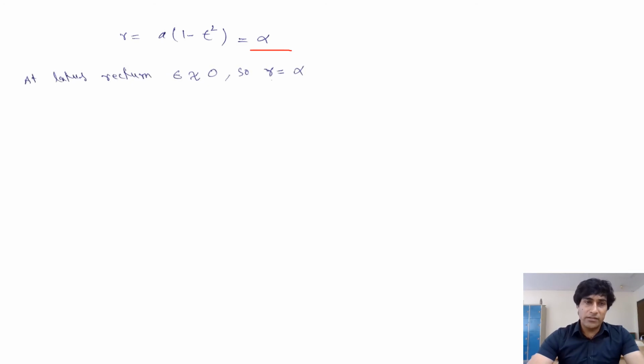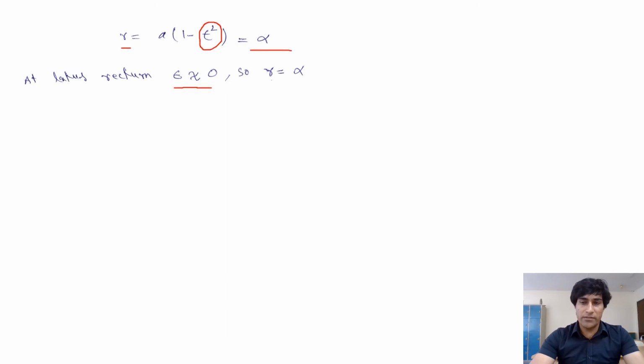At the latus rectum, as I mentioned before, the eccentricity is approximately 0. In this case r equals alpha. So the r and the latus rectum are the same if the eccentricity is 0.